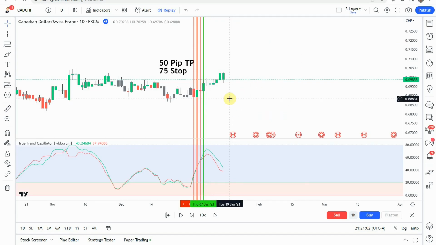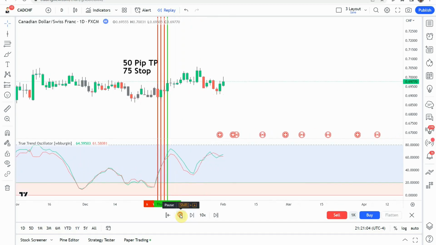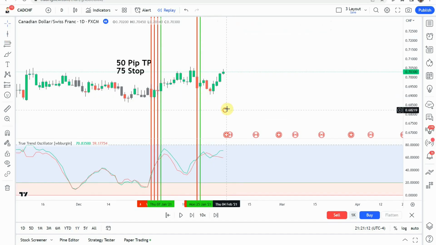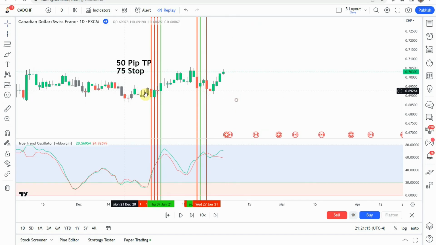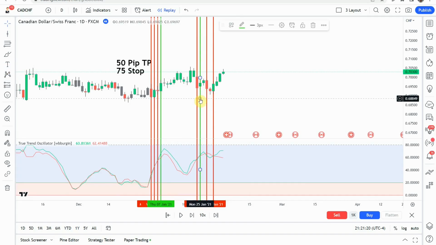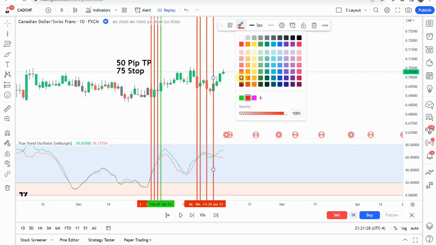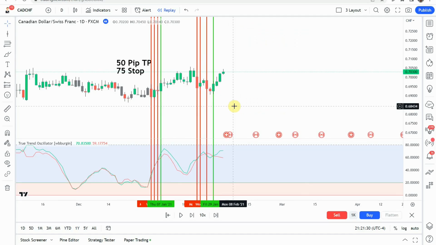Alright, let's go ahead and continue on. Alright, kind of similar action here, a little rapid fire signals, and so we get a short, then switch back to a long, then back to a short, then back to a long.